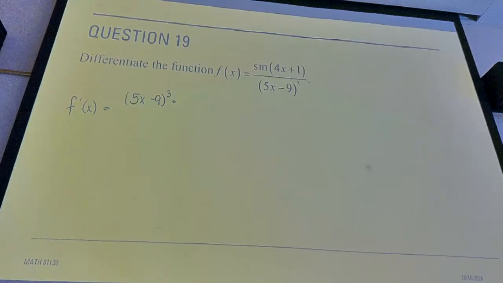Derivative of the top. Cos times cos of the original function minus x times 4 is 1. So this is 4 cos of 4x plus 1.